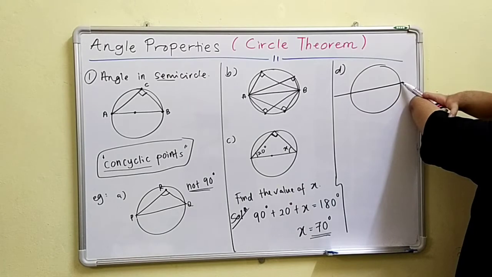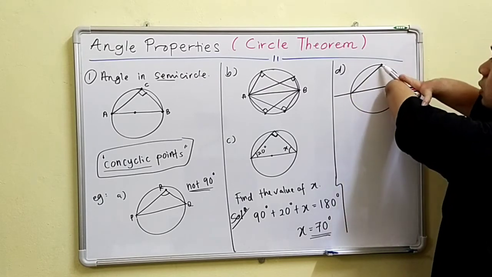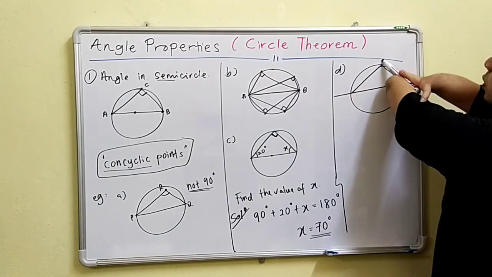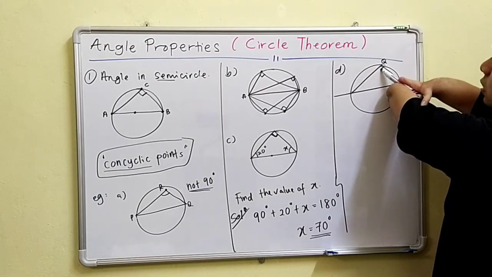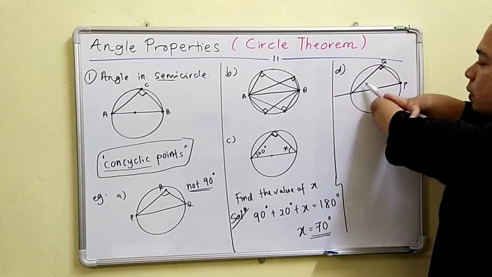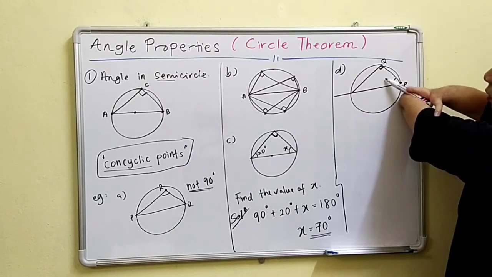Let's say this is point P, then from here to here, this is point Q. We know that this is 90 degrees. Let's say the angle over here is 40 degrees.